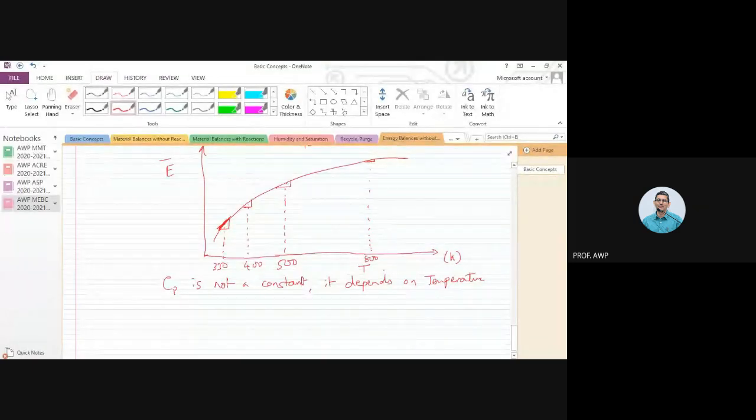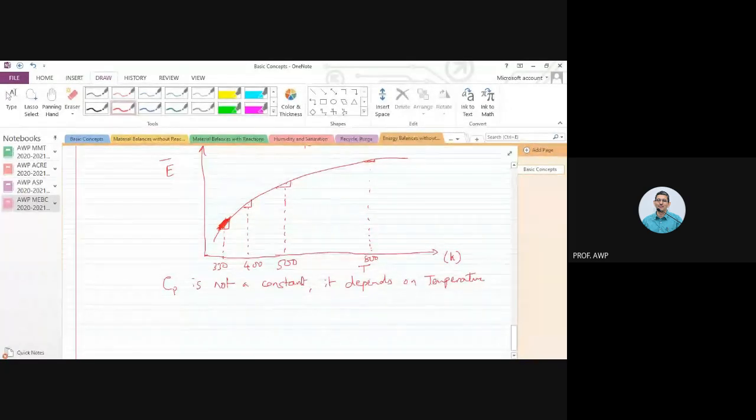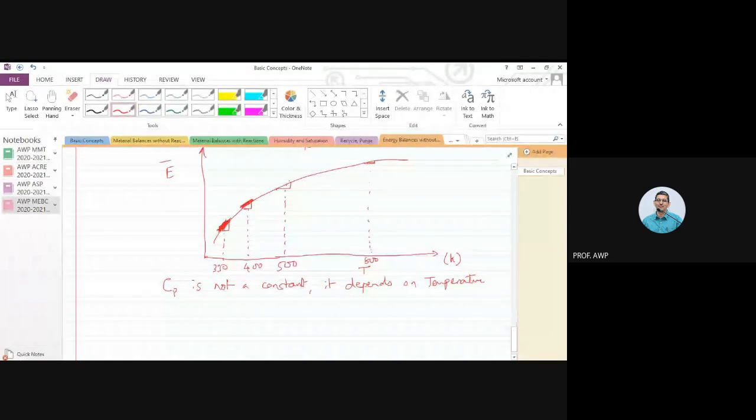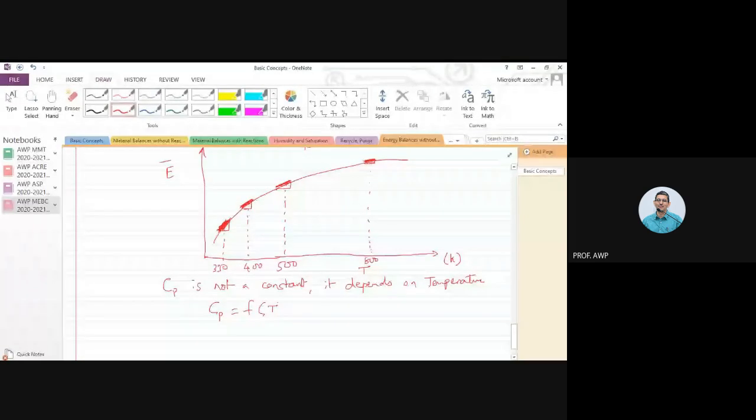Temperature in terms of Kelvin. So Cp at 330 Kelvin is the slope here. Cp at 400 Kelvin is the slope here. Cp at 500 Kelvin is the slope here. Cp at 800 Kelvin is the slope here. So Cp is a function of temperature.